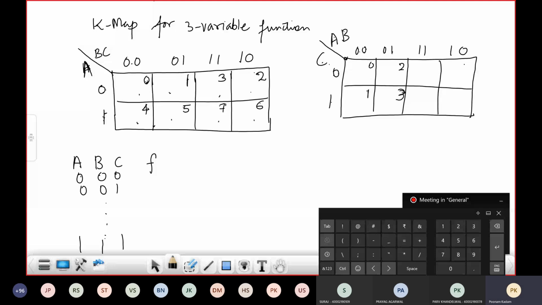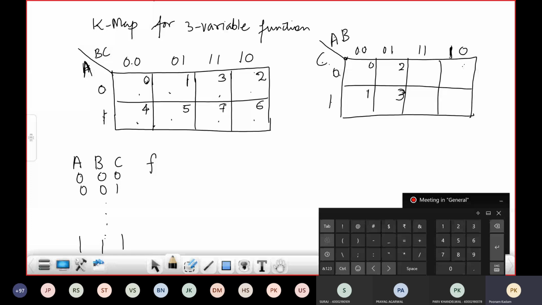Then let me write the last one first. What is the minterm for this cell? First you have to look at A, right? 1, 0, 0, which means 4. This one will be 1, 0, 1, which means 5. This one, A is 1, B is 1, C is 0.